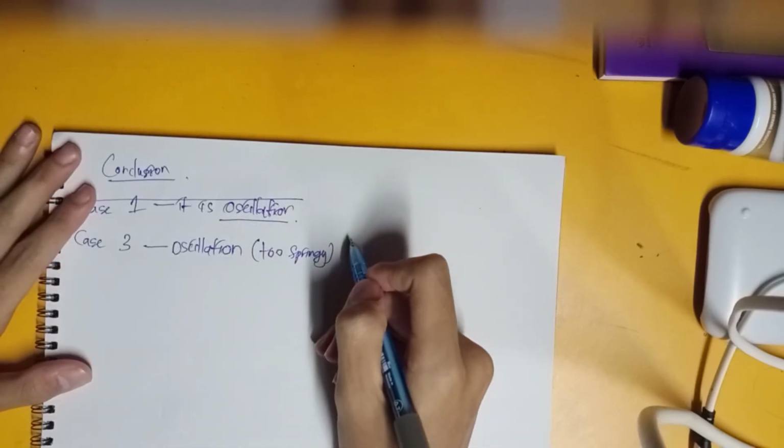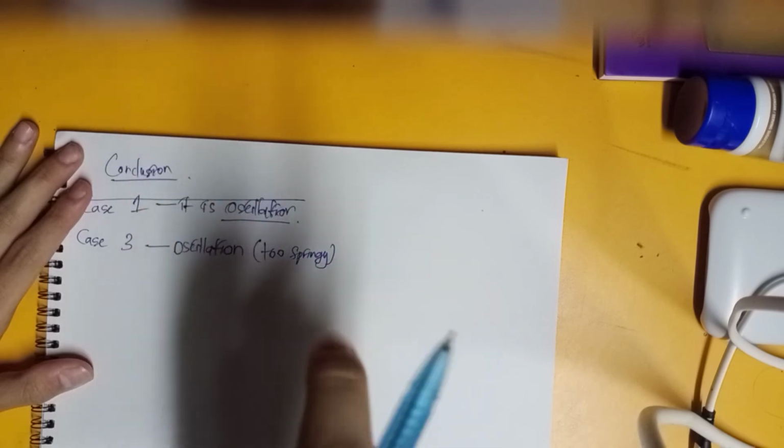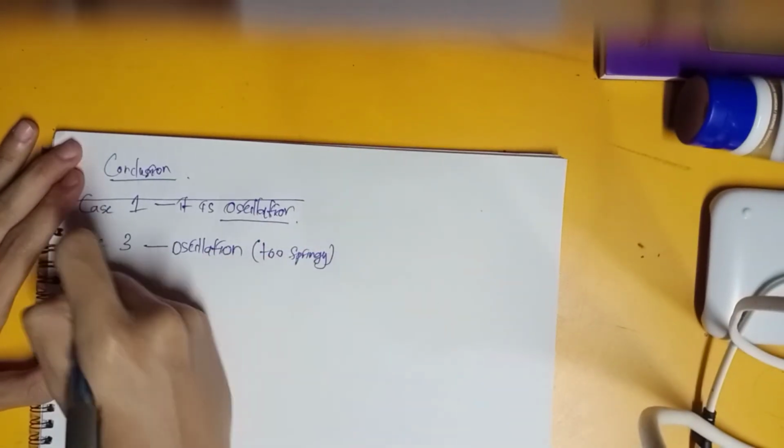I mean, the amplitude of the system decreases exponentially, like this, and then suddenly stops at the equilibrium. So this is what happens when the system is too springy, or underdamped. This is underdamped.